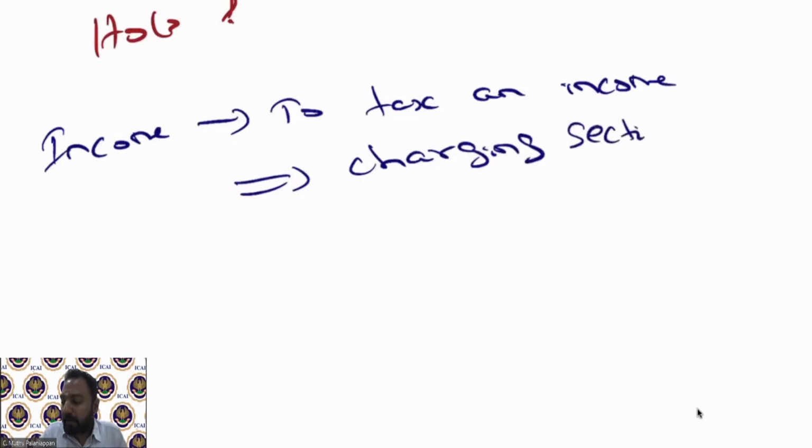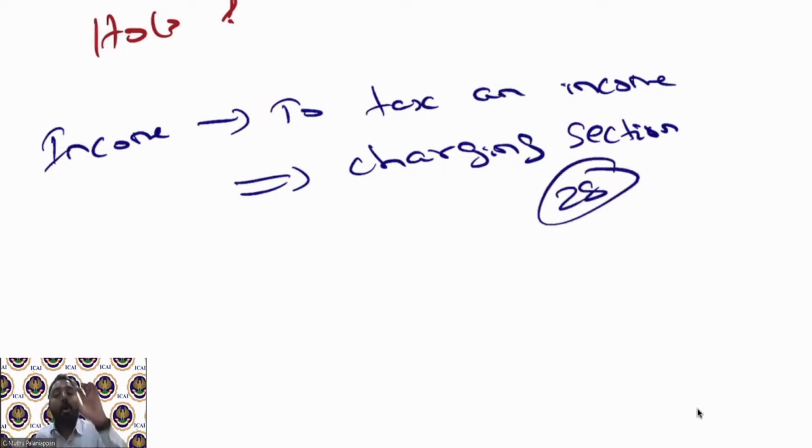You would have studied in your basic concepts what is meant by a charging section. For example, in salary, section 15 is a charging section. Similarly, in business or profession, section 28 is a charging section. So section 28 tells you what are all the incomes that are subject to tax.